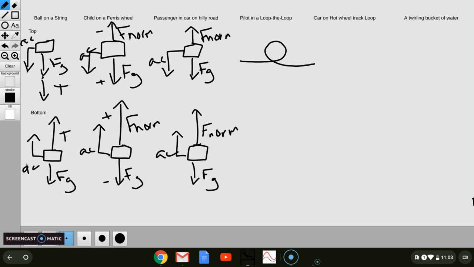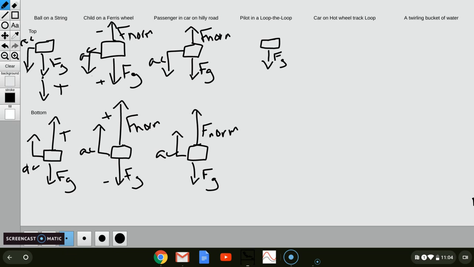Okay, so this one, though, is a little bit strange because we have to think about this for a little bit. So if we have our pilot, there's our pilot right there. He's going to have his force of gravity down, but he's upside down at this point. So the airplane is actually above him if you're looking from the ground, because he's upside down in the loop-de-loop.